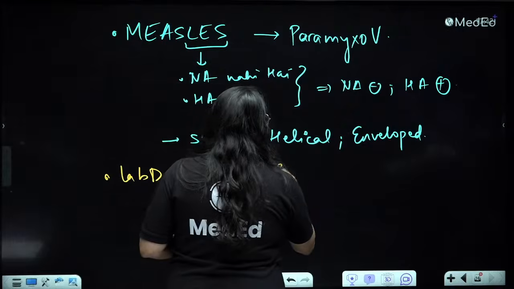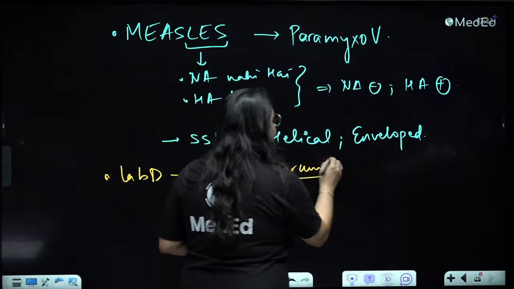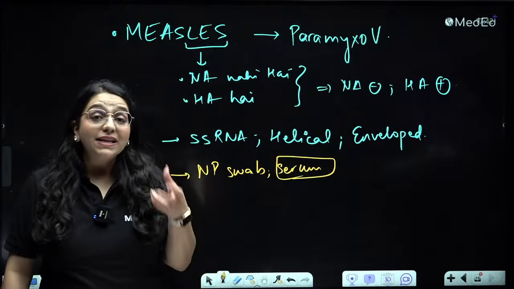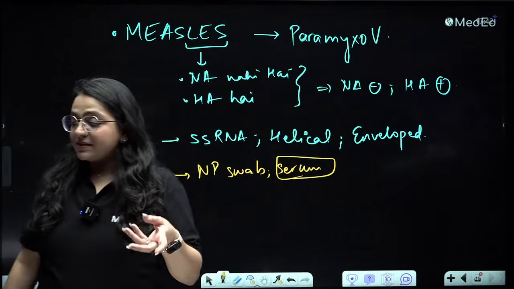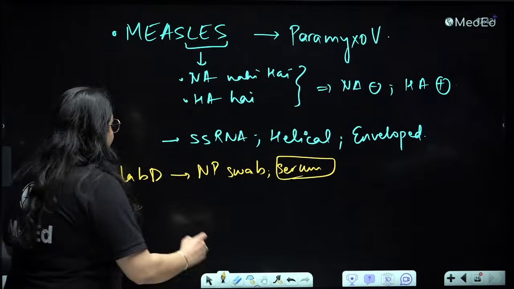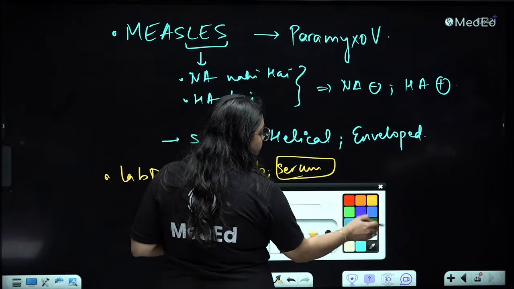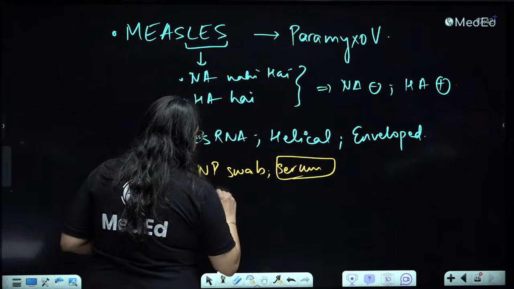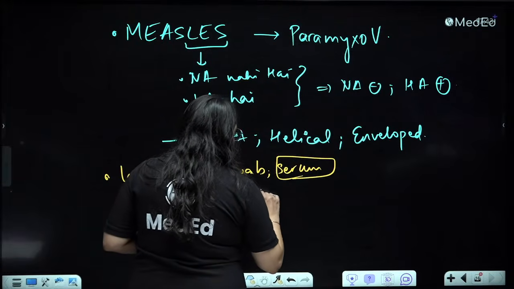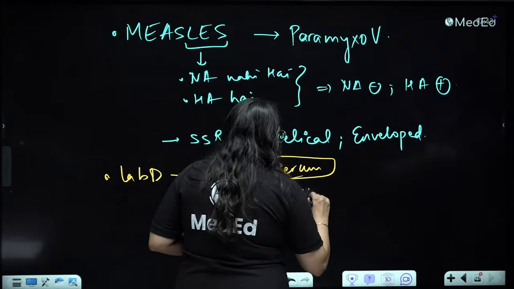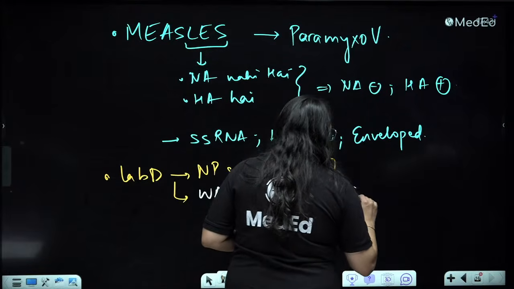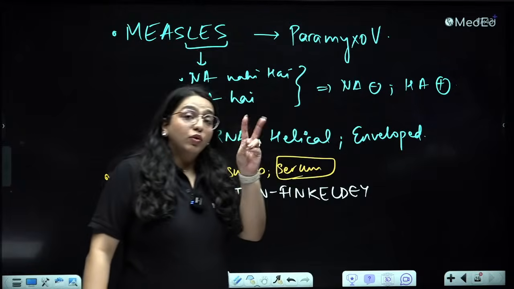Then serum of the patient can be taken to detect the IgM, which we did in this case, where we detected the IgM for measles. Then of course virus isolation can be done. Remember what were the important inclusion bodies which it was showing? The Warthin-Finkeldey cells. And if you remember the mnemonic, CM, Chief Minister of both the states.